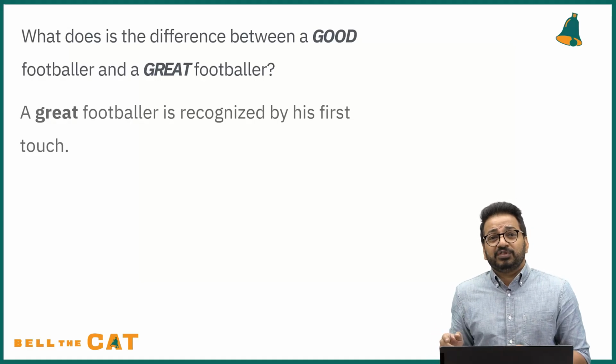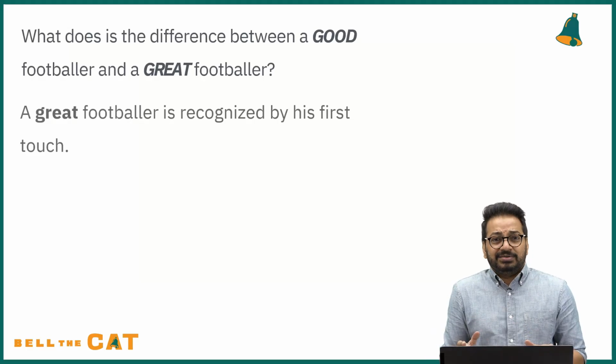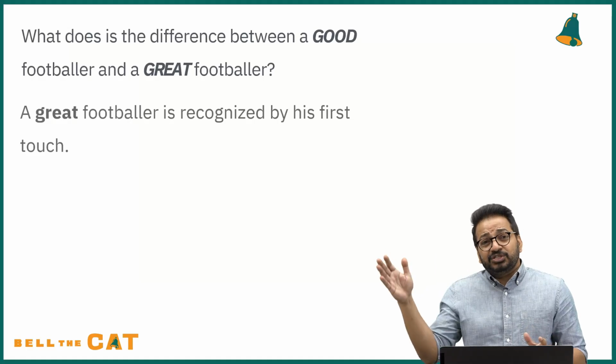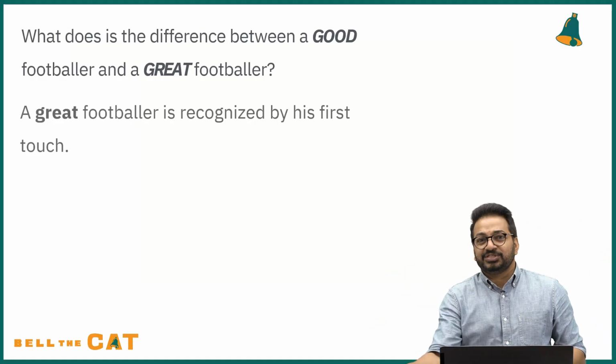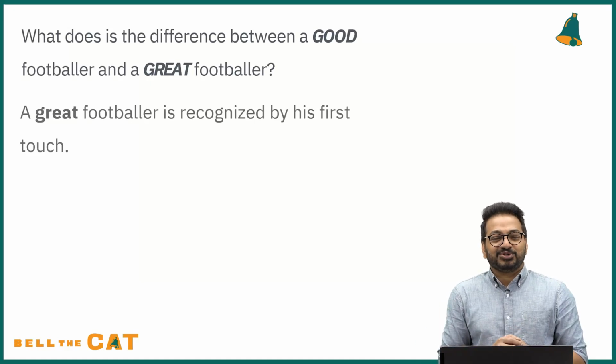So after you touch it for the first time, it's not running away, right? Some of the most iconic goals in football have to do with this: somebody touching a high ball from distance, and the ball just falls there, right?